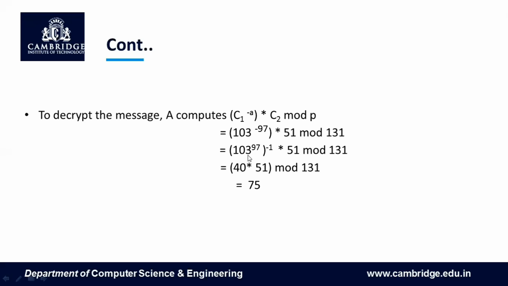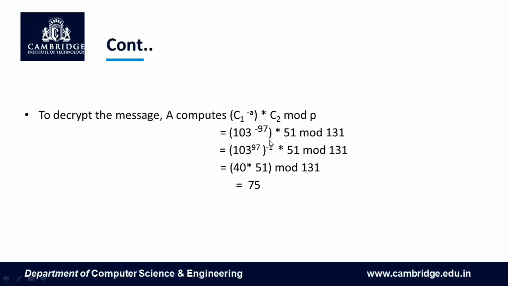which is equivalent to 103 to the power of 97, whole to the power of minus 1, we can write as times 51 mod 131. Once you perform this using the square and multiply method and find the value of 103 to the power of 97 mod 131, you will get some number.